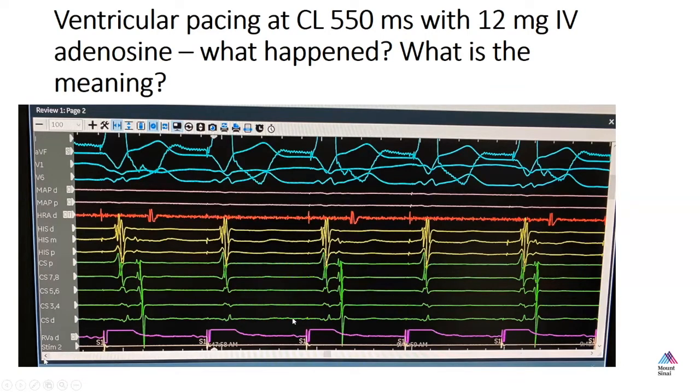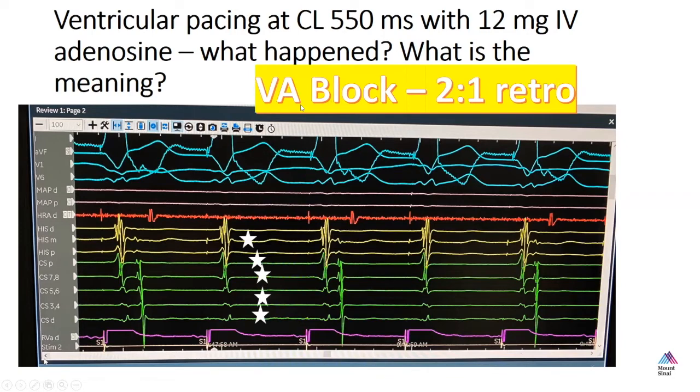Right. So basically what we're seeing here is a form of VA block. We have basically 2-to-1 retrograde VA conduction. So just as you said, if you look here where I put these little stars, there's no retrograde atrial conduction on this beat or on this beat. So we're seeing sort of 2-to-1 VA conduction.